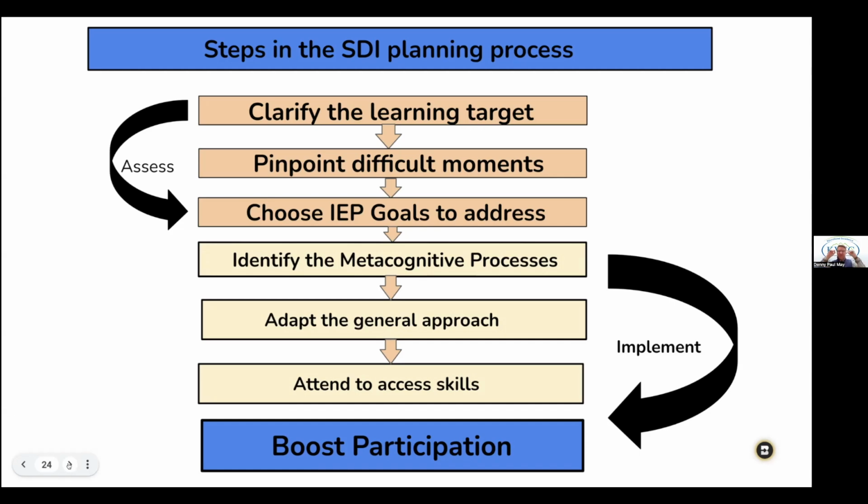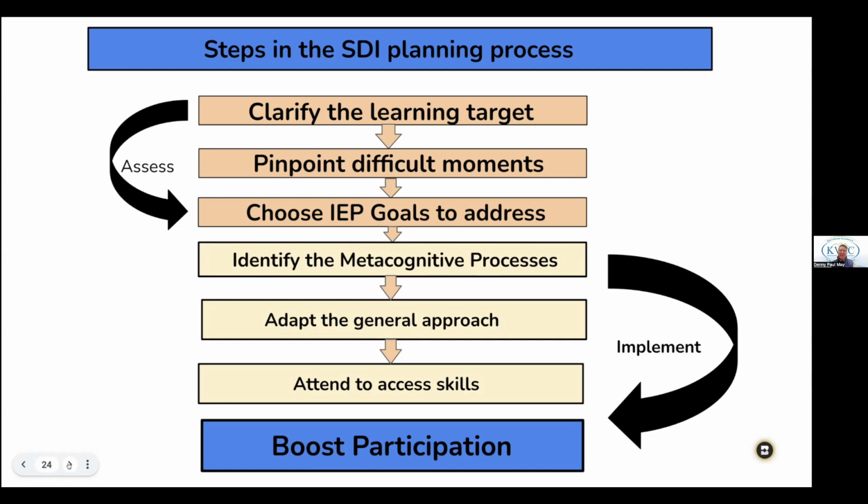And then as we move down the line, Benninghoff talks about identifying the metacognitive processes. Metacognitive is a big word. It just means, can the student think and reflect and pause and really think about how they're learning, what are the steps that they're taking in the learning, and can they capture that in ways that make sense? One of the things that she talks about is how we teach students to think about their learning.